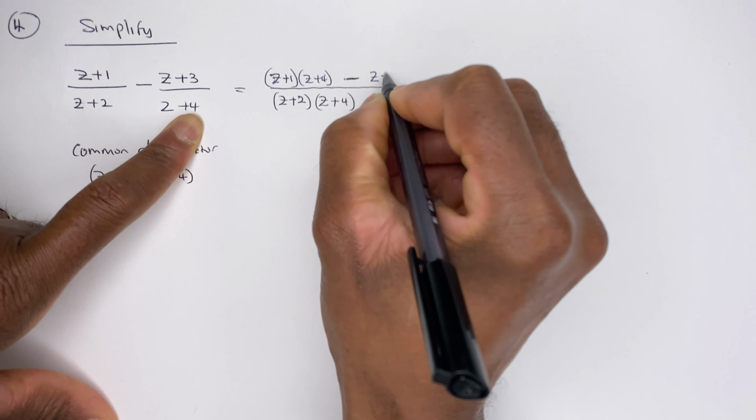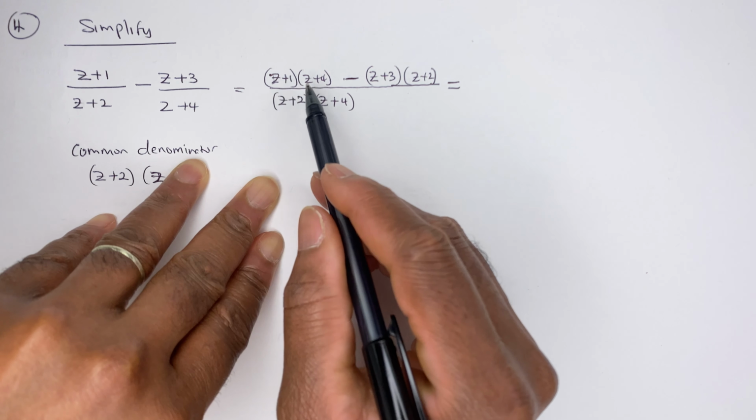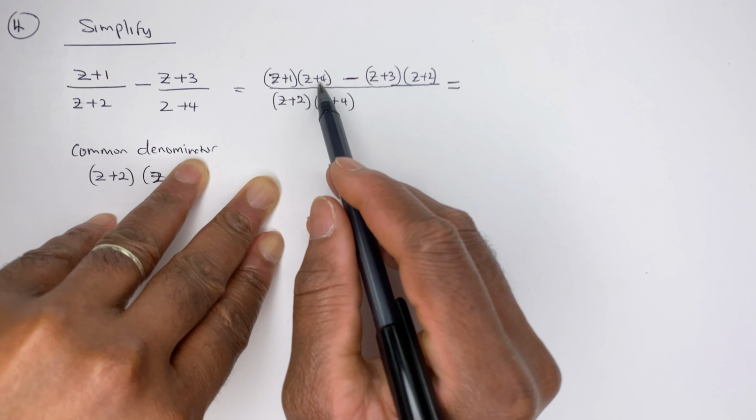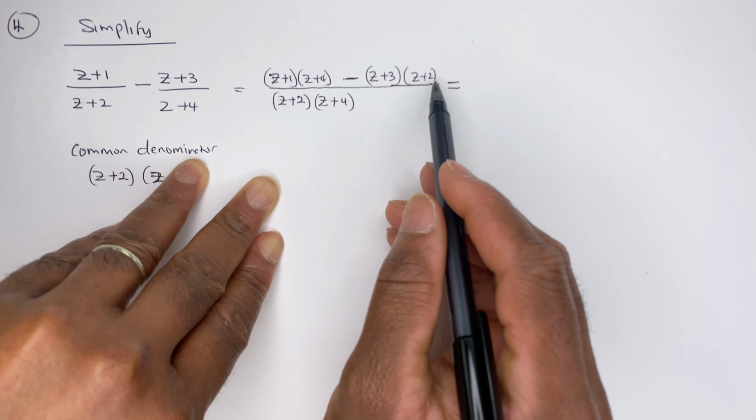Okay. That means I need to do my expansion. It's quite a bit of expansion there. So what do I have now? I've got z plus 1, z plus 4, z plus 3, z plus 2.